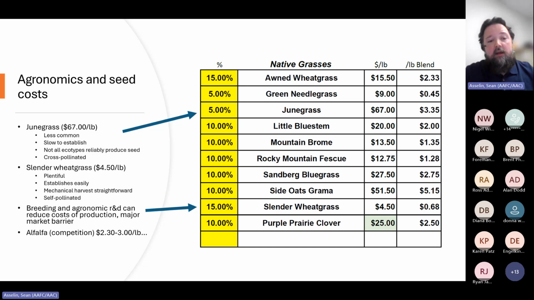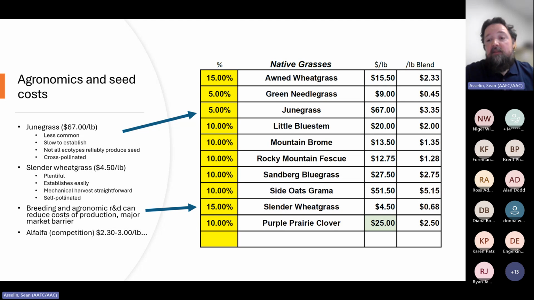Now, the breeding for agronomic traits, as well as research and development in native species, can help reduce these costs of seed production, which is a major market barrier to the use of native species, not only in forage production, but also in the restoration landscape. And just to give you a frame of reference, alfalfa, which would be a major competitor for acreage for native species, its price point is usually about $2.30 to about $3 a pound.